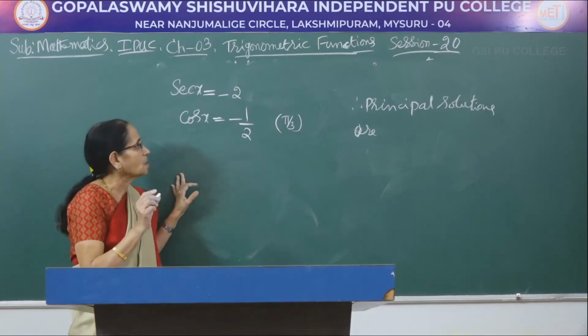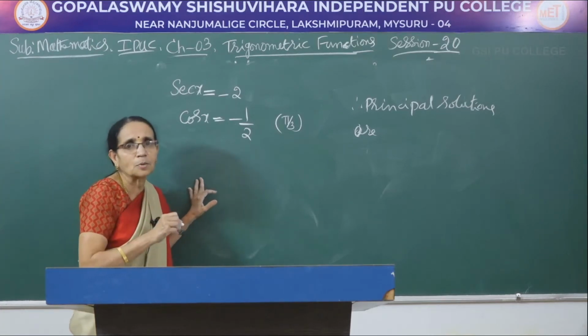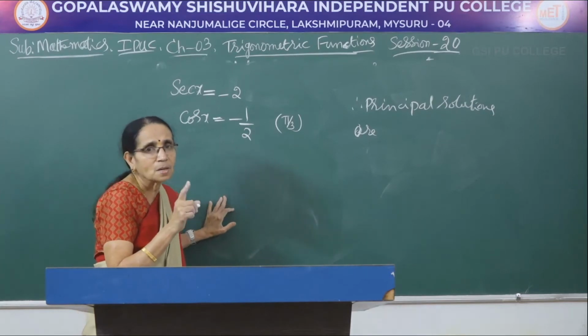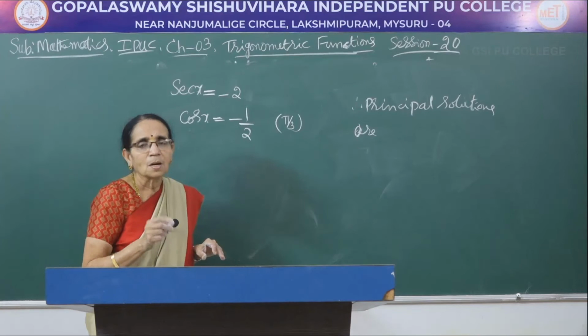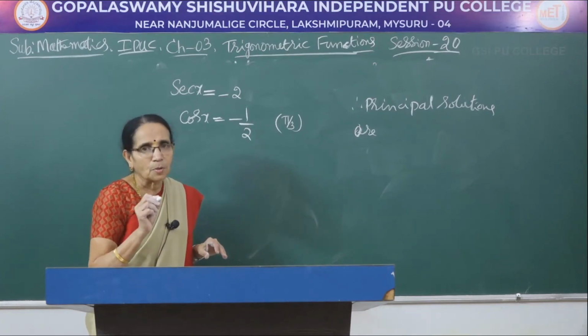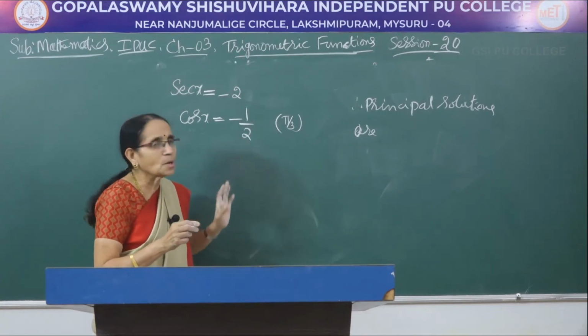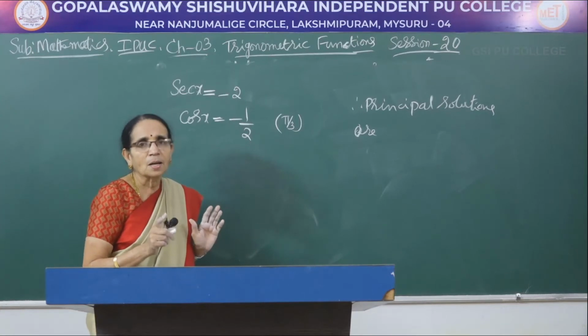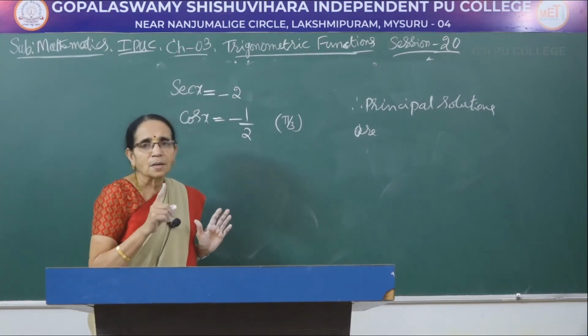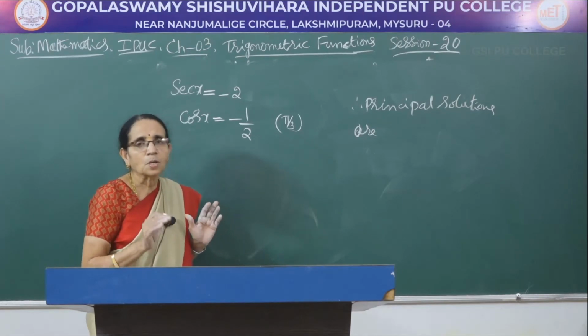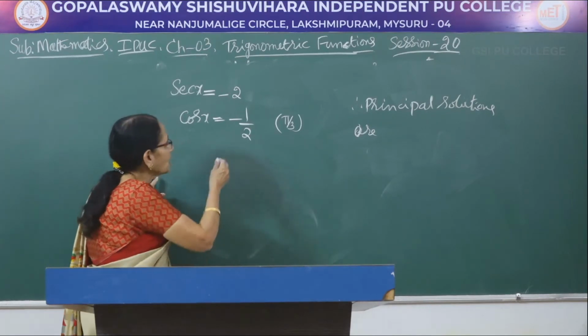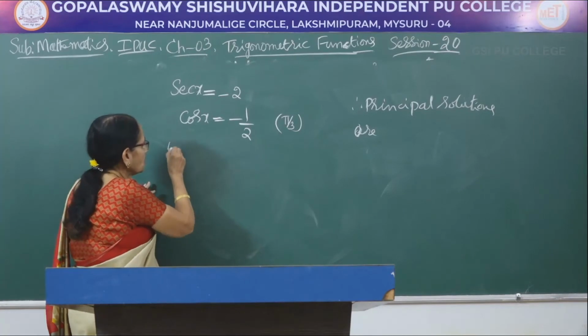In which quadrant is cos negative? In the second as well as in the third quadrant, because in the first and fourth quadrant cos x is positive. Therefore, when I have given you a negative value, the angle will lie certainly either in the second quadrant or in the third quadrant. Since we want both the solutions, we will be calculating them. So, write that one.